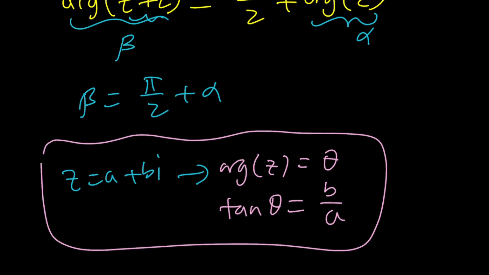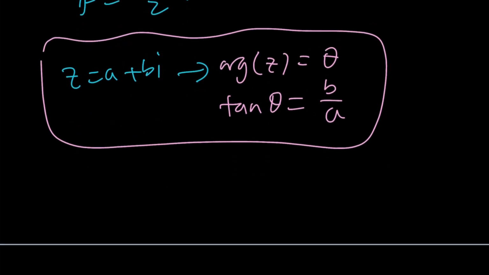So given this information, can I just use inverse tangents? Like, can I say that theta is arctangent of b over a? Well, yes, but you have to pay attention to the quadrant in which this number resides, because there are two angles whose tangent equals the same number between 0 and 2 pi. That's why the period for the tangent function is pi instead of 2 pi. Draw a unit circle and hopefully you'll see what I mean.